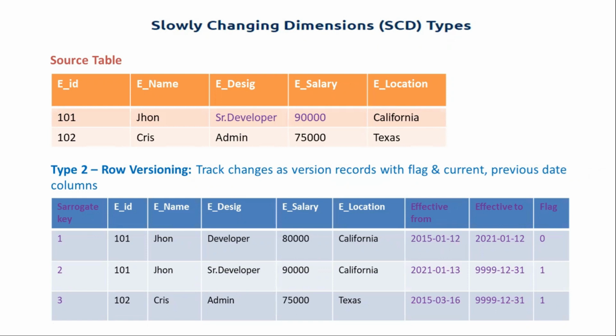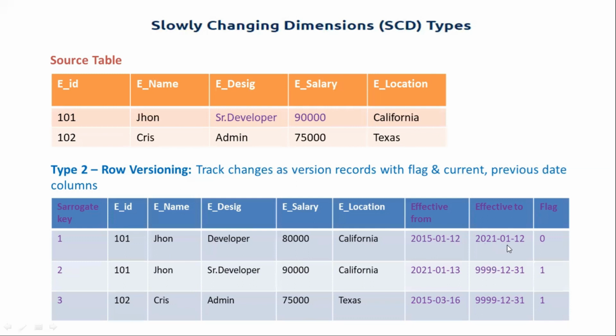Wherever you see the flag 0, that is old, and wherever you see the flag 1, that is new. Concentrate on 1 and 2, because the third record didn't change anything, so I kept it as it is. The first record is the previous record, because this John's designation is developer and earlier salary was 80,000 USD, and he joined on 2015 January 12th.